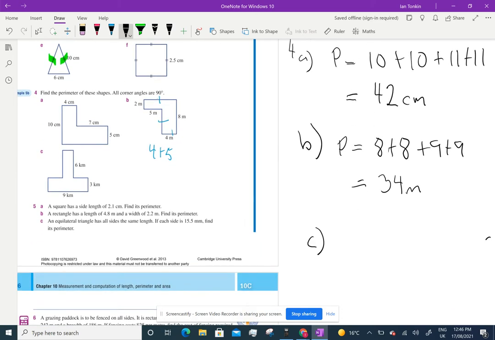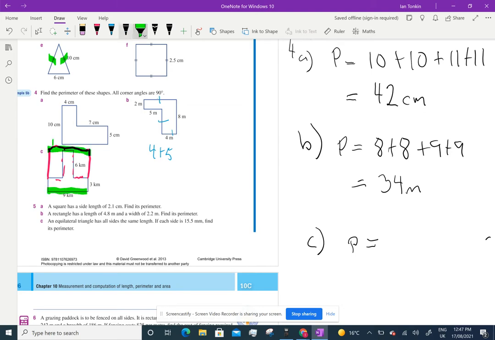C. Now again, I'm just going to push this to this side and push this to this side. And these two bits are going to go right to the top. So I'm going to make it, by pushing it out, a rectangle. Remember, you're just finding the distance, so it doesn't matter. So the perimeter, I've got 9 and this 9.